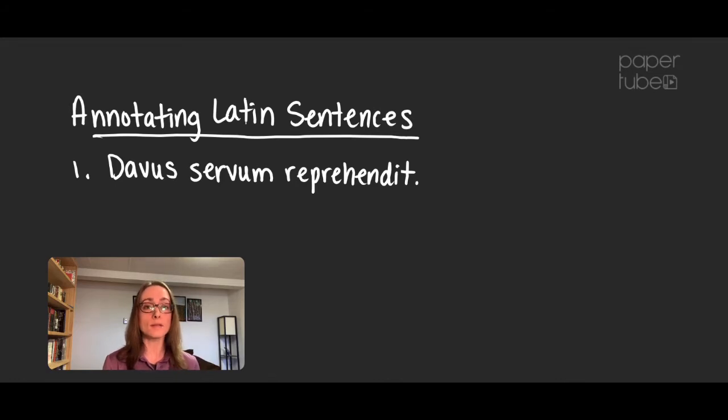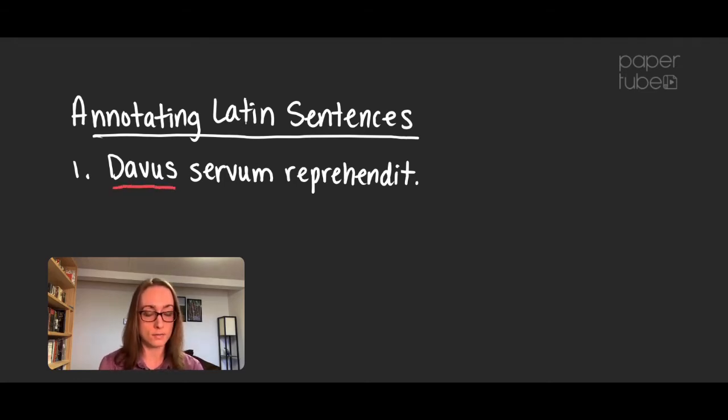What in the heck is my subject here? Is it Davus? Is it servum? Or is it reprehendit? I need to know which one is my subject so that I can translate my sentence correctly, because 99% of the time my sentence is going to start with my subject. My subject's the one doing the action. So the subject in this sentence is Davus.